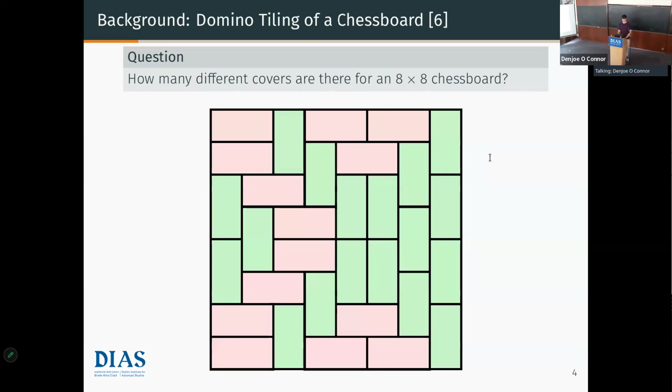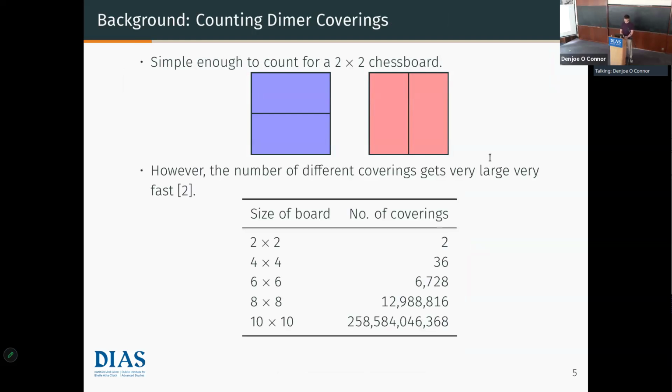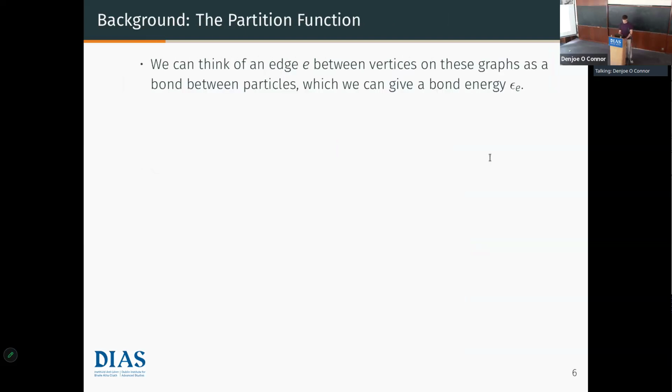Okay, so it's not quite 400 and it's definitely not two. For a 2x2 chessboard, it is in fact two. But when you move to slightly larger ones, it blows up very quickly. There's just under 13 million coverings for an 8x8 chessboard. So obviously it's very difficult to count these, and I'll come back to how we get around that counting issue in a minute.